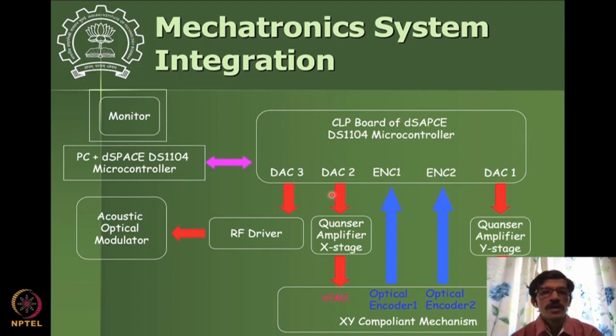Then we need the laser to be switched on and off at certain locations, depending upon what you are scanning. So this is an RF driver for driving the acousto-optic modulator. The entire thing comes as one unit: the acousto-optic modulator comes along with this driver, and you have a DAC pin which will control the laser intensity, a digital to analog converter.